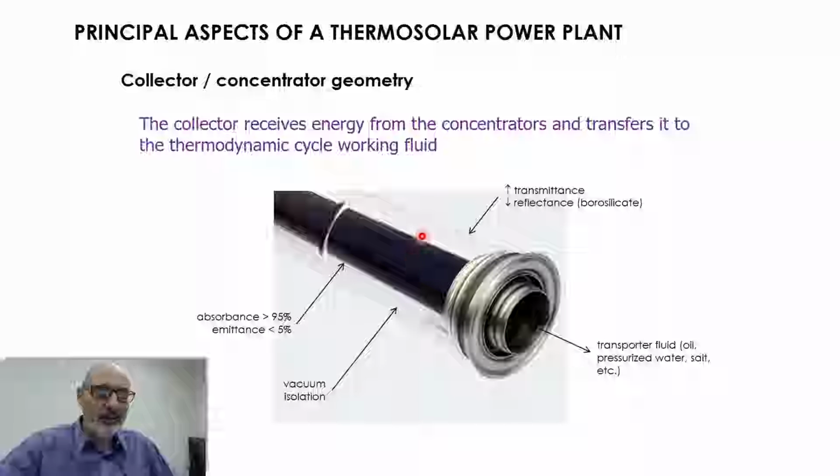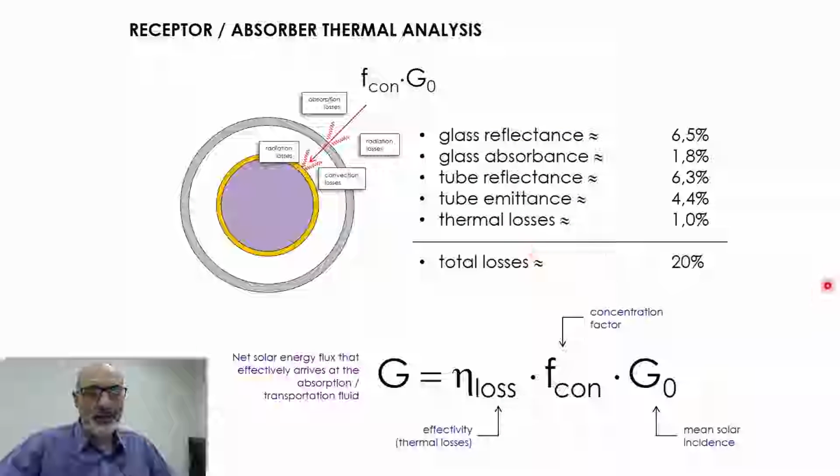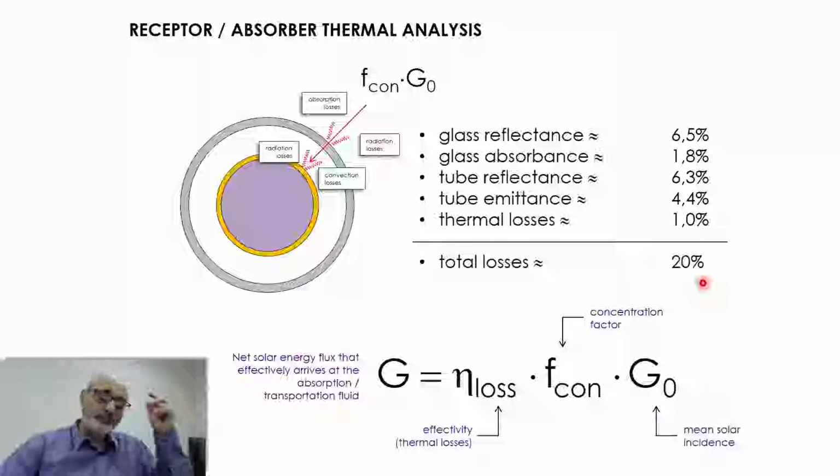You may have heat coming through the material by conduction, and then losses through convection here. This accounts for roughly 1%, and total losses are roughly 20%. By accounting for all of this, the net solar energy flux that effectively arrives at the absorption transportation fluid is, we're going to name this G.